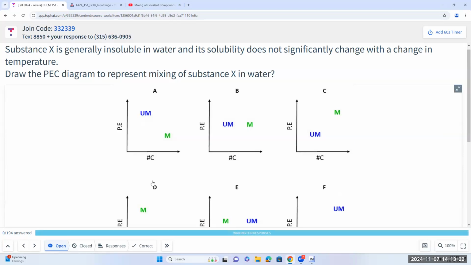This is me trying to re-emphasize the word generally. You're going to see generally soluble, generally insoluble. What does generally mean? That's the purpose of this activity. I think most of you are okay at this point.